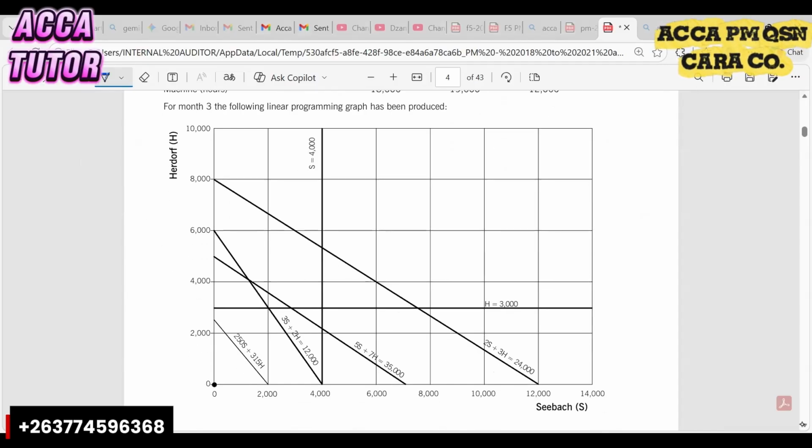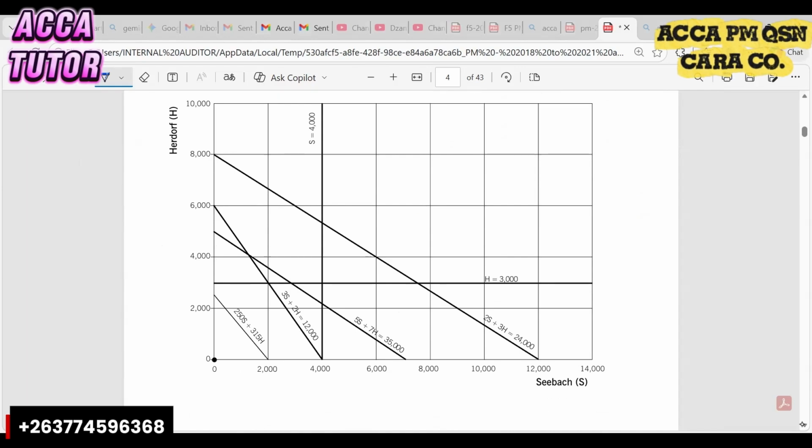Okay? Yeah. This is the graph where we are given the information for month 3. What our examiner usually does: this is the axis that shows figures for the head-off, and this one is the axis that shows production for the C batch.